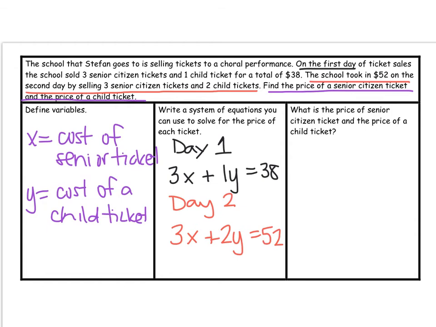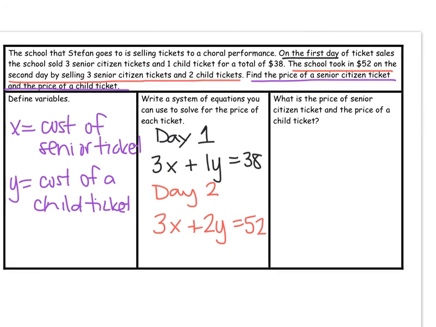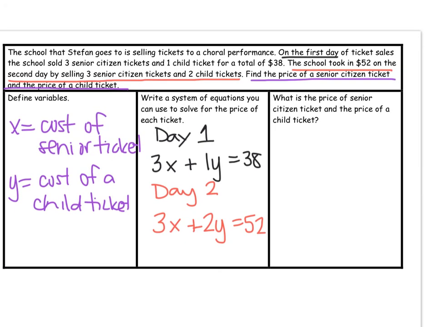We need to figure out what is the price of a senior ticket and the price of a child ticket. So we're going to take these two equations. I'll rewrite them over here on the side. Our first equation is 3x plus 1y equals 38. And our second equation is 3x plus 2y equals 52.